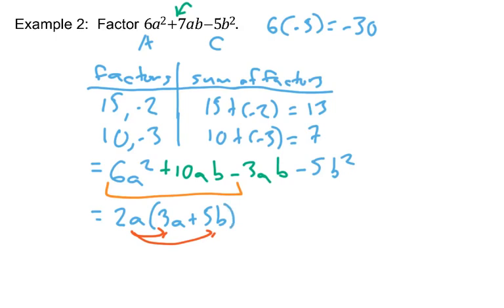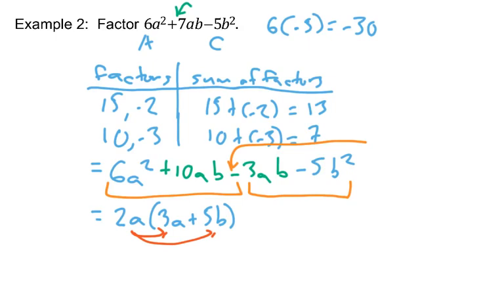Now looking at the last pair of terms, I don't see a coefficient in common, but both terms do have a b in common. And when this middle sign is a negative, like it is here, it's often good to factor out a negative common factor.